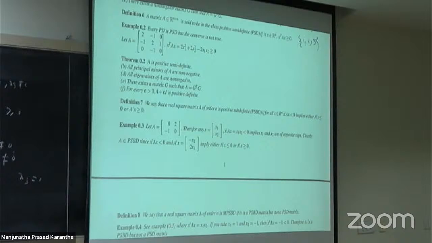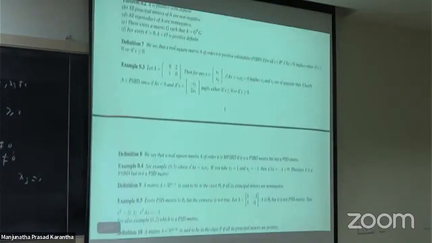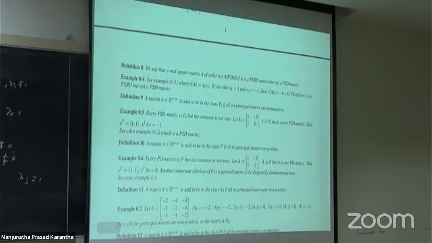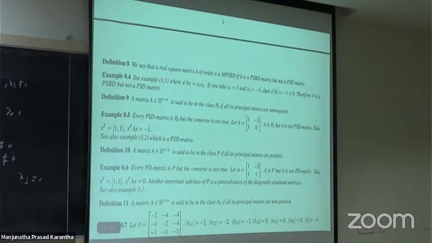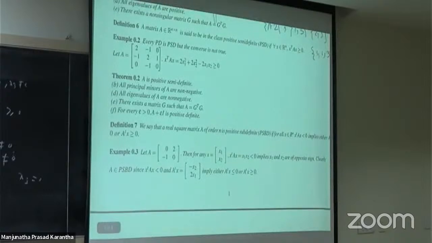Because later on you will see for a P naught matrix, there also all principal minors are positive, but it is called a P matrix, it's not a PD. Right? So obviously in this example, it is not a PSD matrix, it is a PSPD matrix.